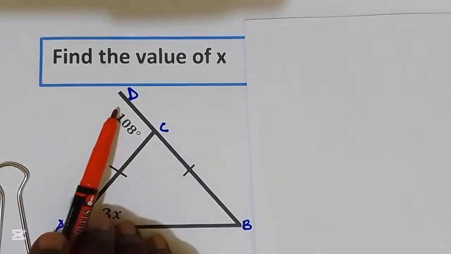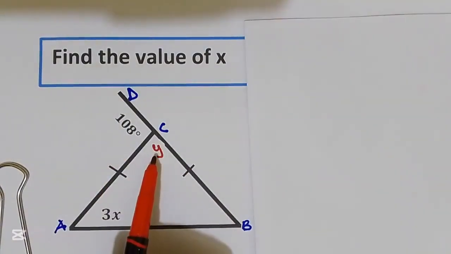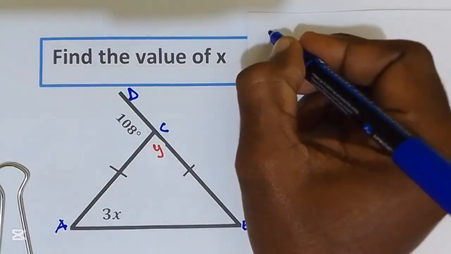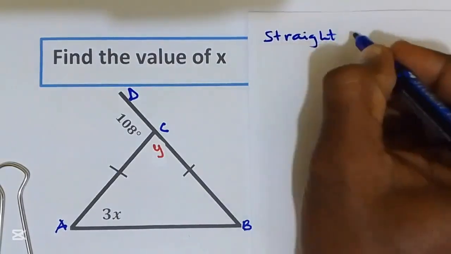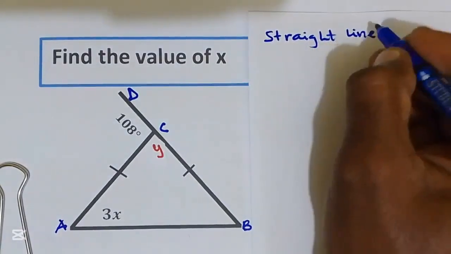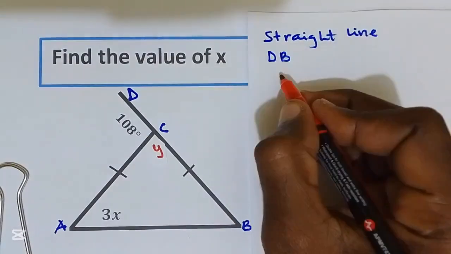Let me start with straight line D, B. I'm going to call this angle Y. Consider straight line D, B. The sum of angles on a straight line is 180.